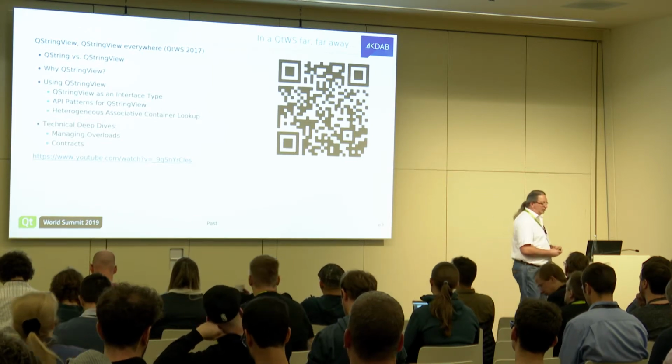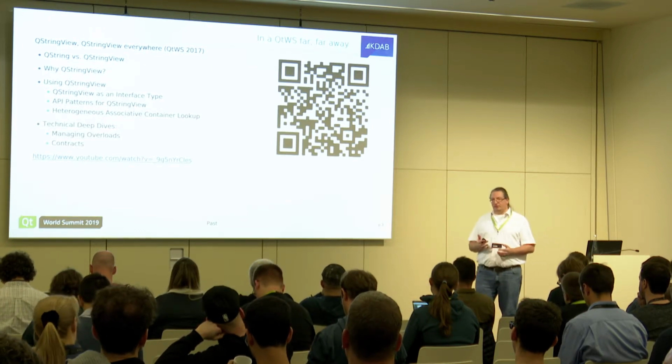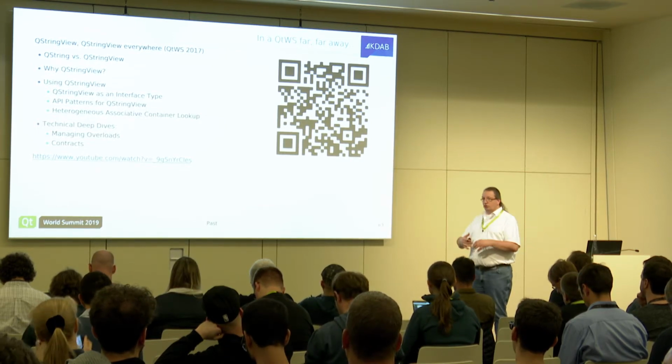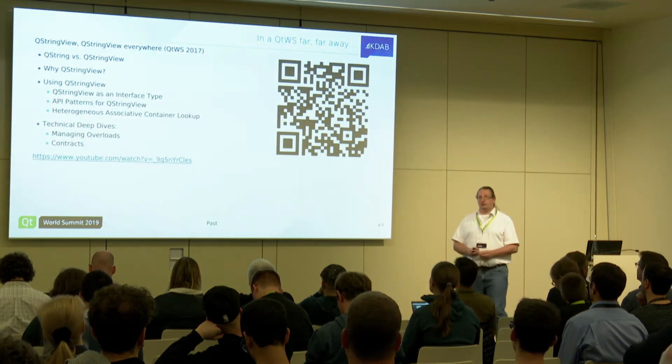I presented that QStringView is mostly useful as an interface type in the API, because it's non-owning. You would not store something in there over a function call.